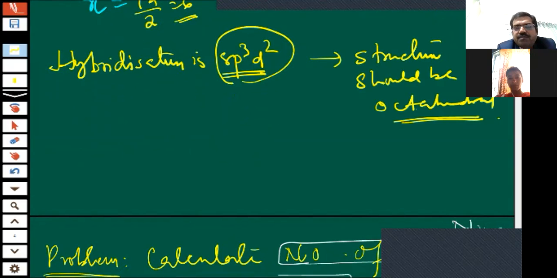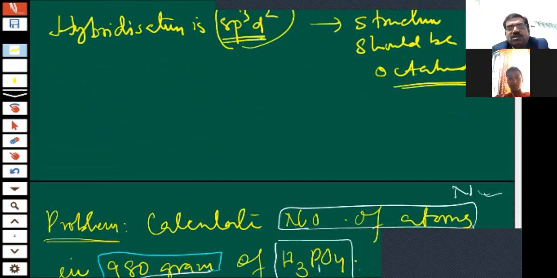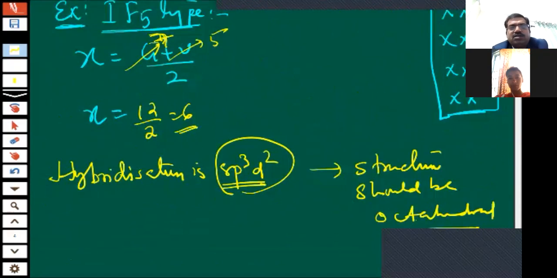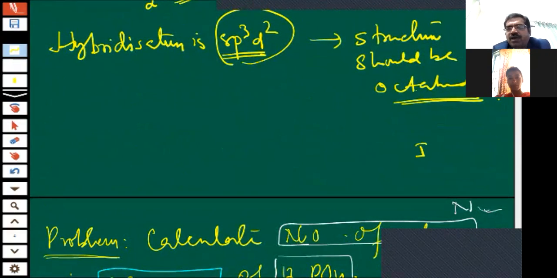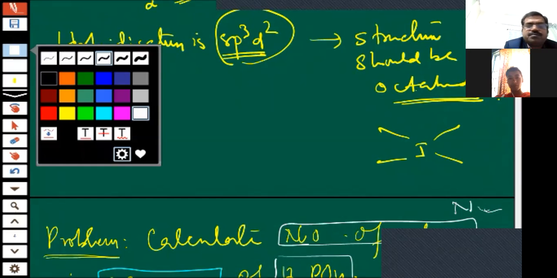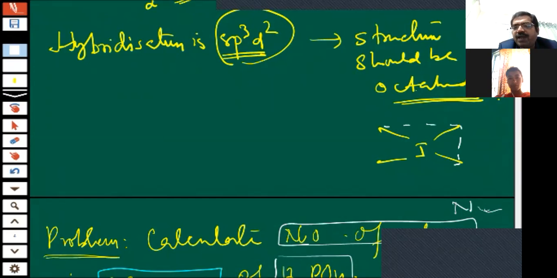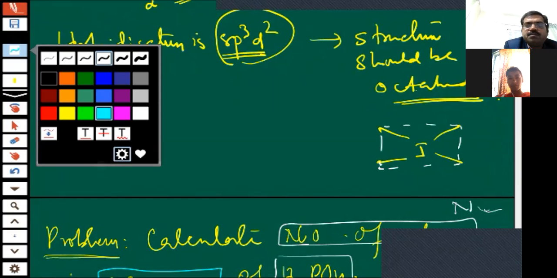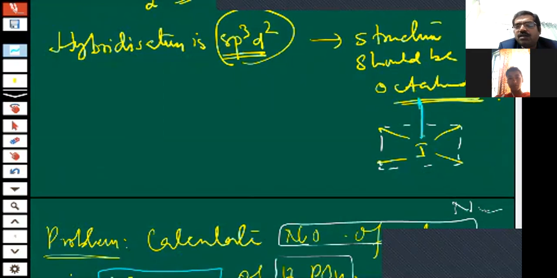So octahedral means the condition should be like this. Iodine with bonds 1, 2, 3, 4 in one plane, and then another bond like this.